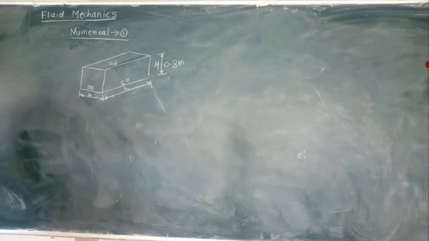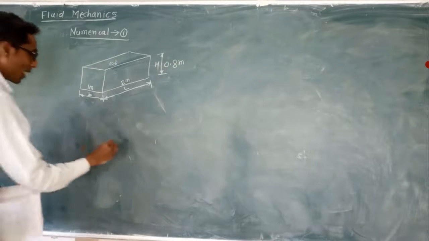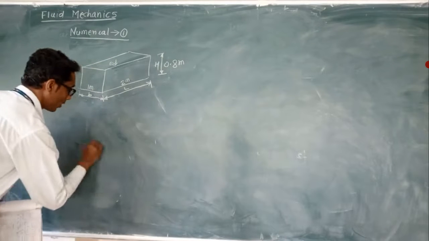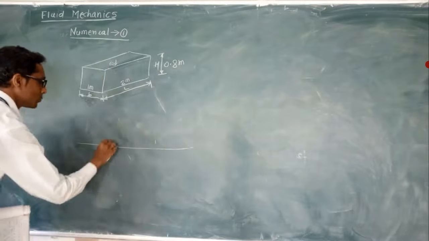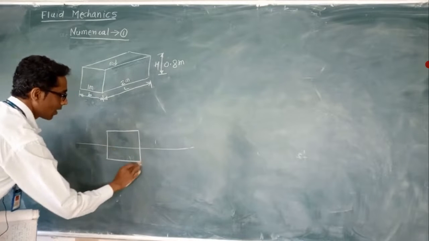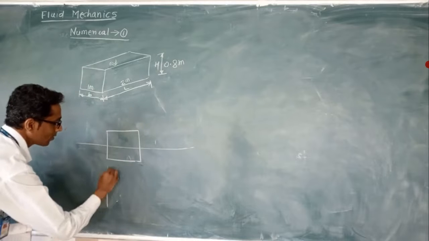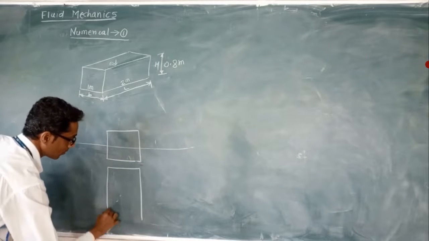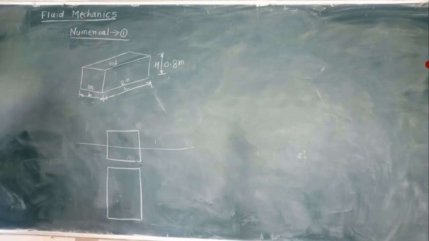Okay, this surface is parallel to the water surface. So that is why we have to show the diagram in this way. Okay, so the floating body like this, and here the diagram will come in this way, orientation.